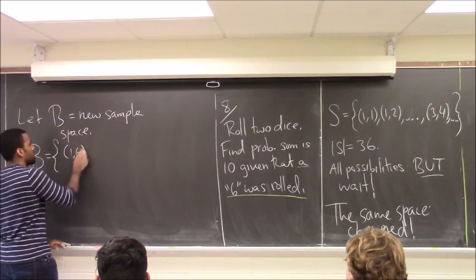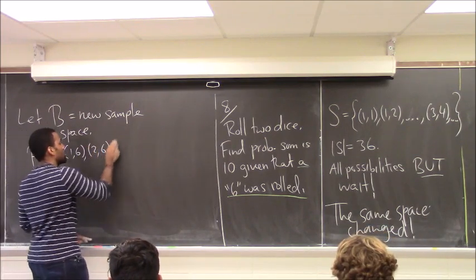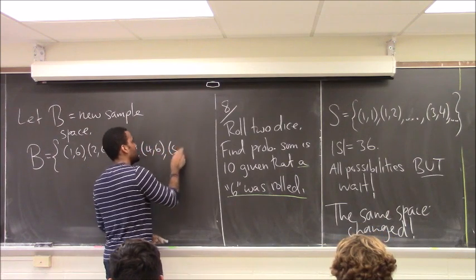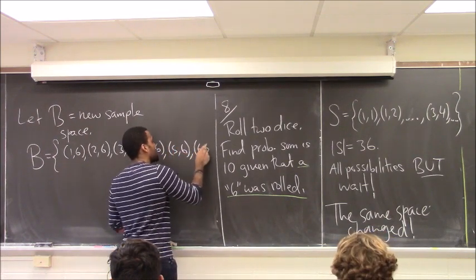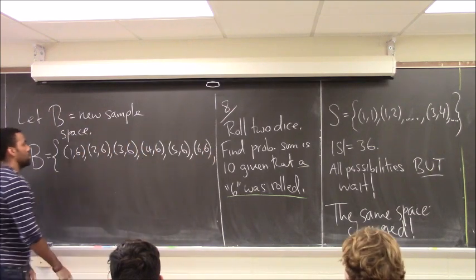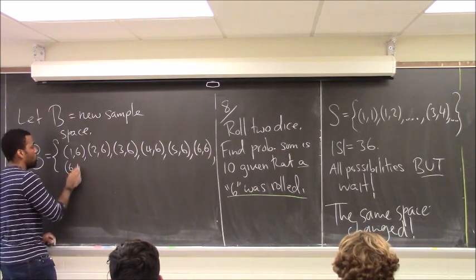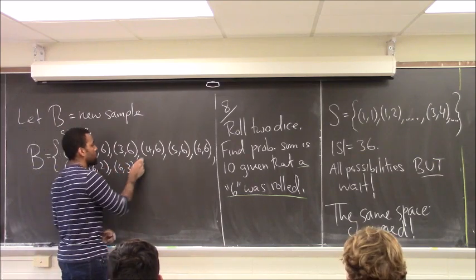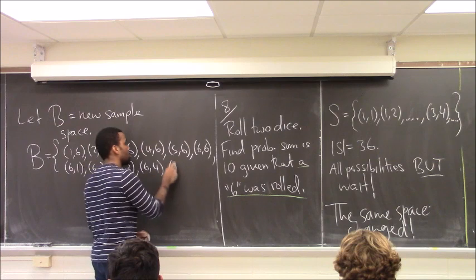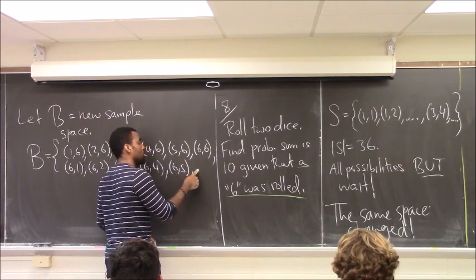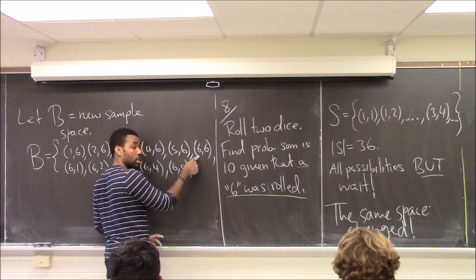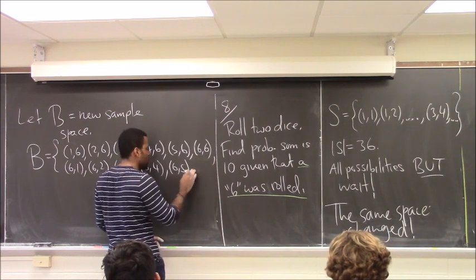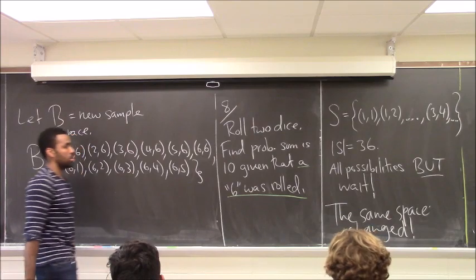Well, 1 and 6, 2 and 6, 3 and 6, 4 and 6, 5 and 6, 6 and 6, or we can have a 6 and a 1, 6 and a 2, 6 and a 3, 6 and a 4, 6 and a 5. You wouldn't do 6 and a 6 again, that's already accounted for. There's only one 6, 6 in that table that we drew earlier, so that's where it would end.